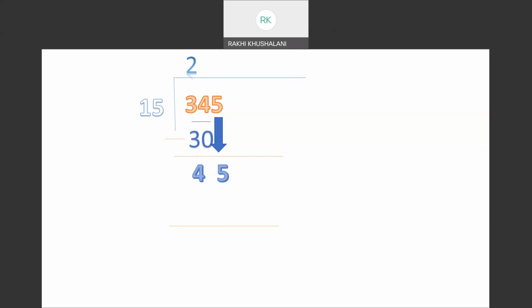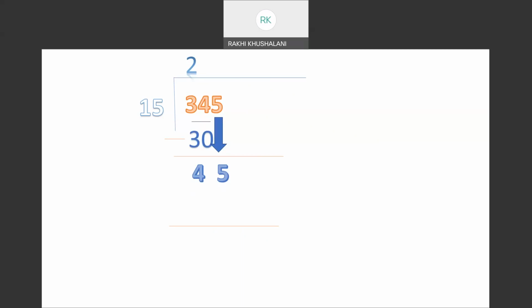That's my fifth step. Fourth step is do the subtraction. Fifth step is bring down the number. I have 5 as my extra digit, so I will bring it down. Fine, 5 comes down. Now I have 45 with me. Let's go to step 1. Compare. 45 is greater than 15, so division is possible.